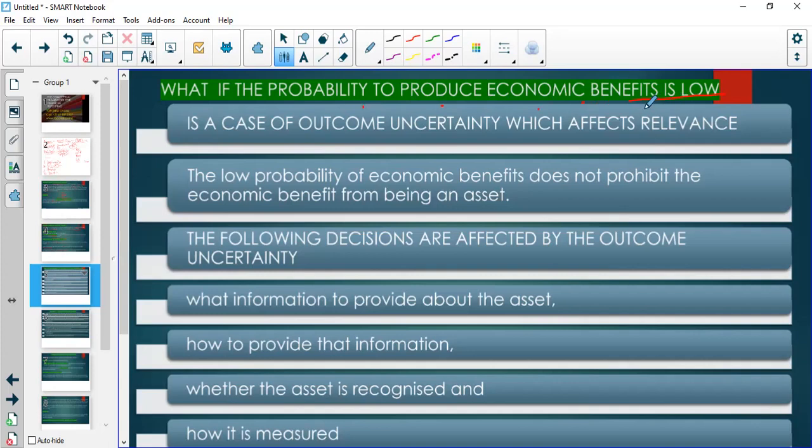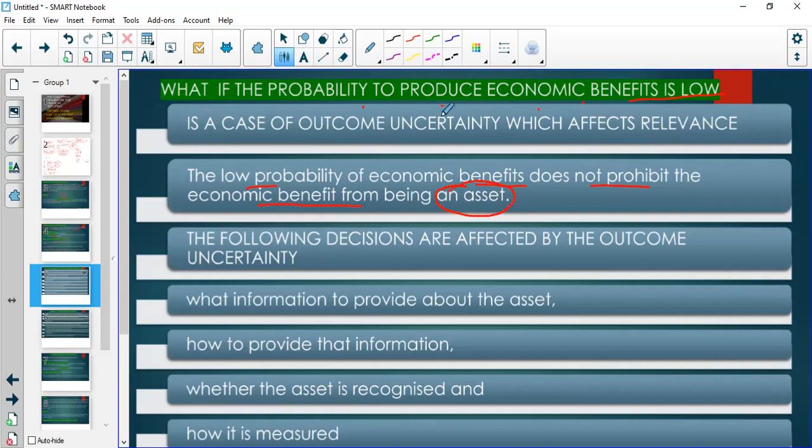When we are still under the definition of an asset, we just need at least the potential. If the potential is there in one way or the other, we're going to say there is a potential. So the low probability of economic benefits does not prohibit the economic benefit from being an asset.